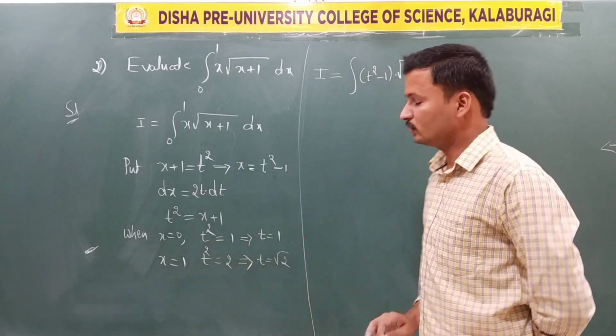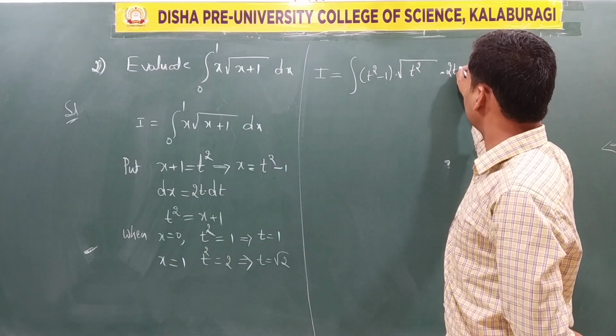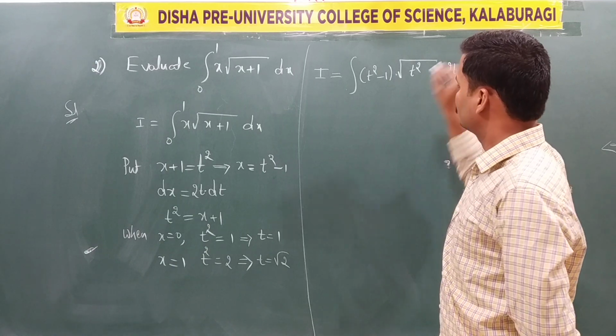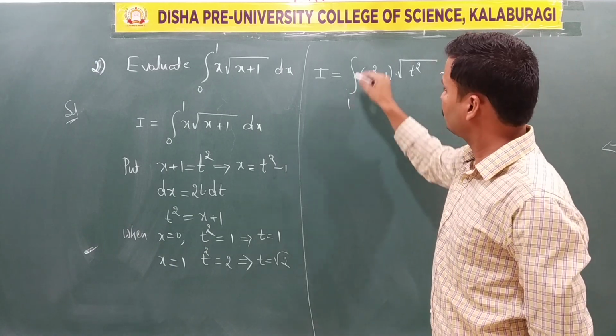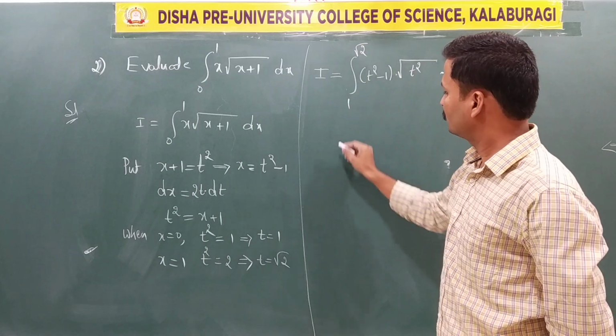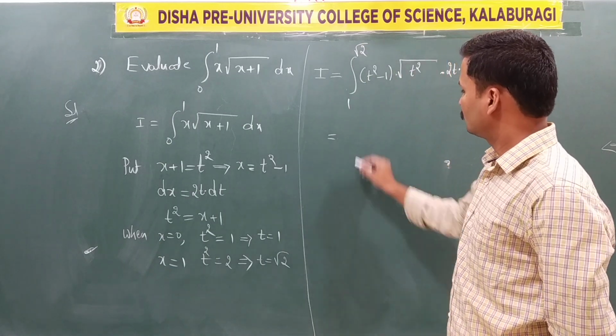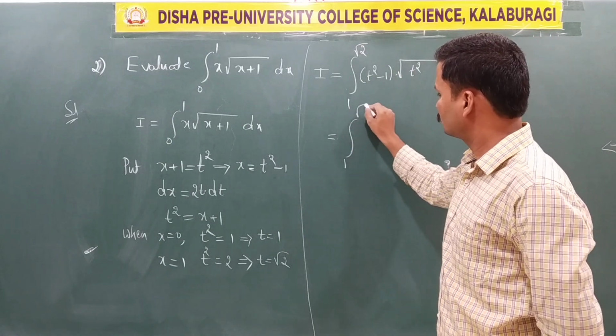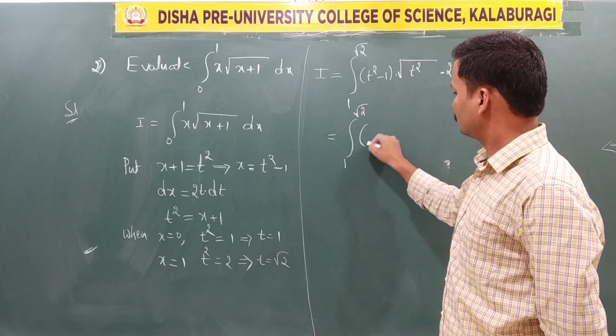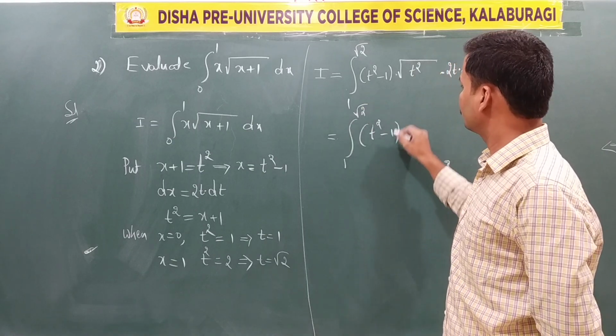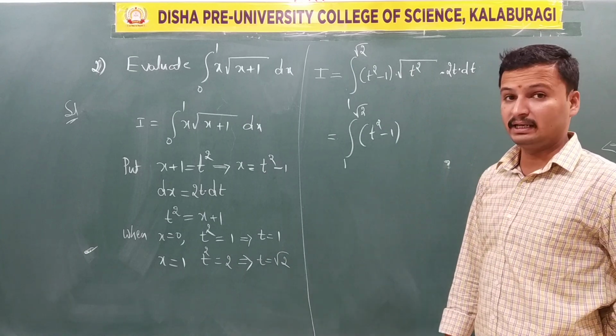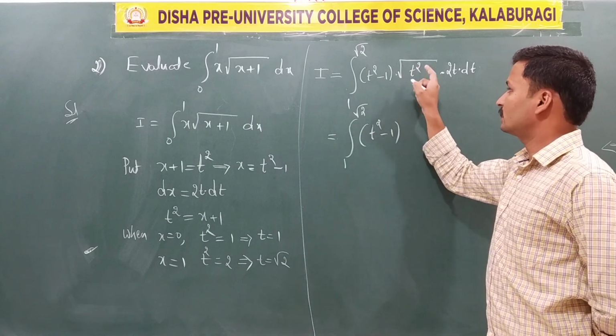The lower limit is 1 and the upper limit is root 2. So integral from 1 to root 2 of t squared minus 1, and the square root of t squared is t. The square root gets cancelled.